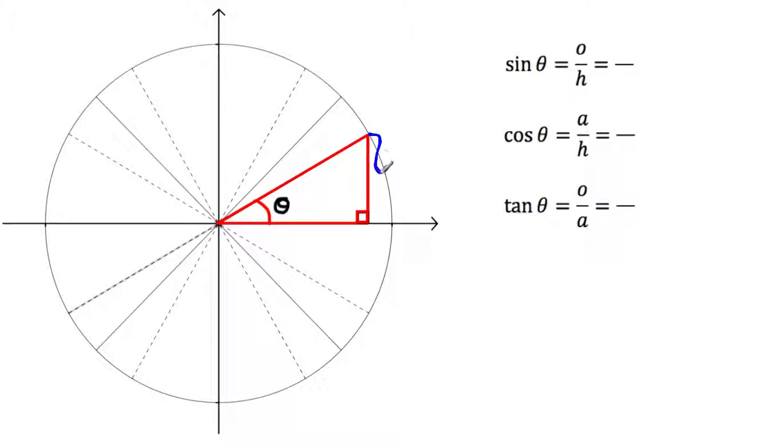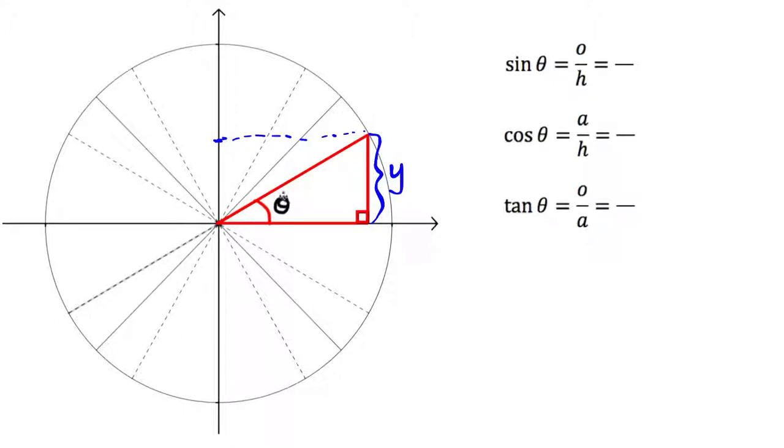This line right here is the vertical distance. With any point on a coordinate plane, this vertical distance is always the y value. So this right here is the y.